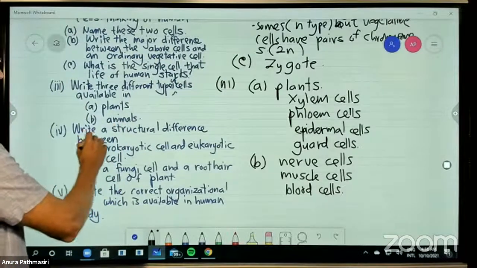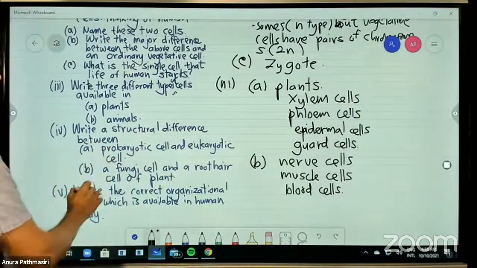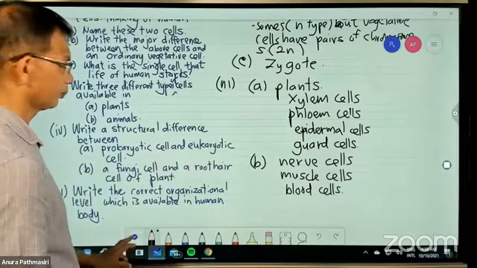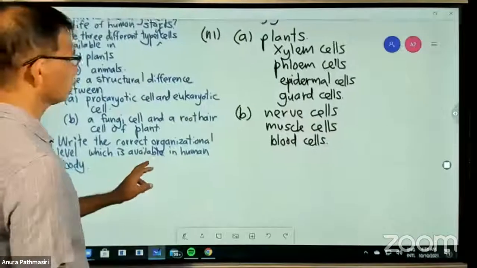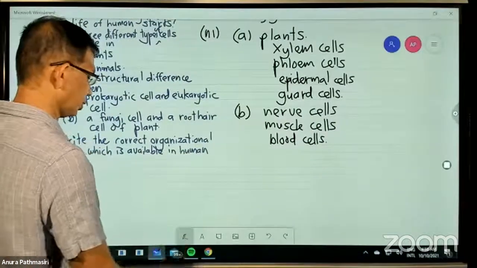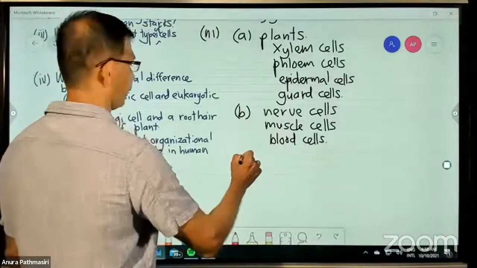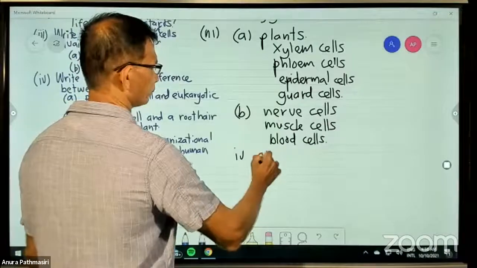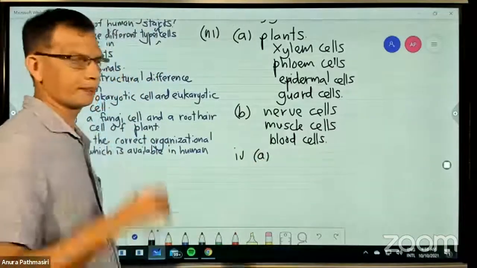Animals. Write the structural difference between prokaryotic cell and eukaryotic cell. What's the structural difference between the prokaryotic cell and eukaryotic cell? Fourth one, A. Yeah.